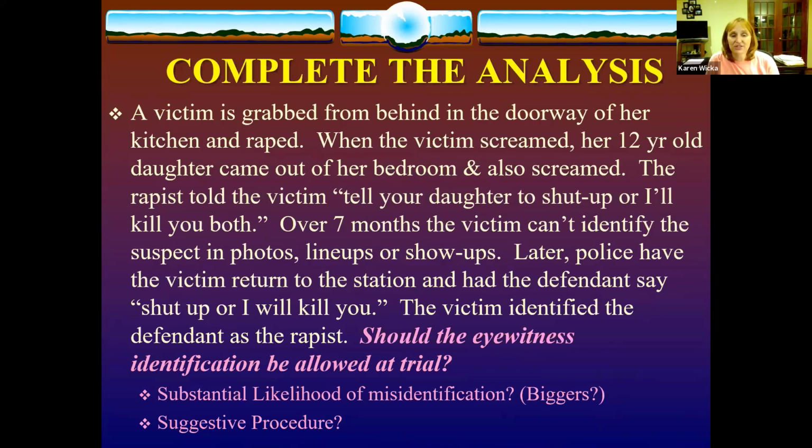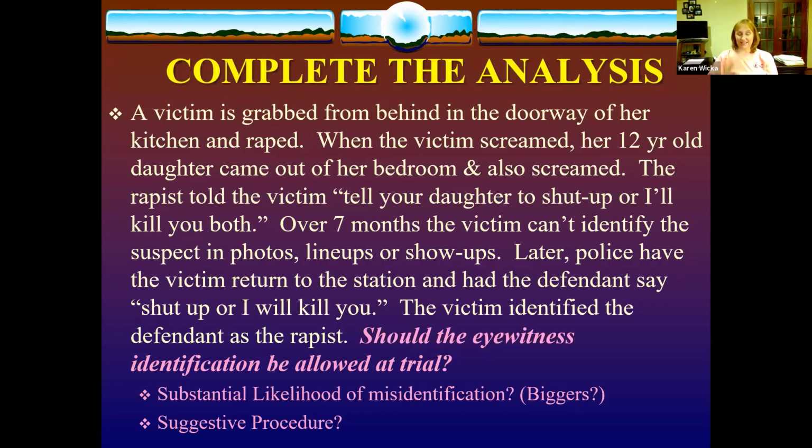Now, maybe the fact that she didn't pick anybody out, like the earlier example, willy-nilly, makes you feel she's more reliable because she held out and she didn't really do any picking before that. So let's just say, for sake of argument, you can get past the substantial likelihood of misidentification test. The court decides, yes, probably reliable enough. Then we have to look at the procedure that the court used. And in this case, the procedure used when the identification was made was a show-up. Remember, show-ups are inherently suggestive.